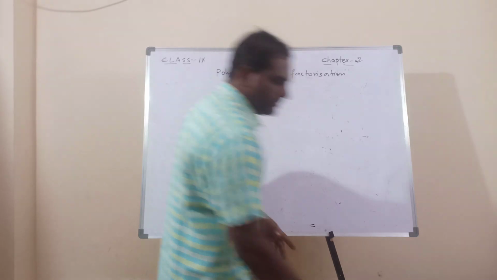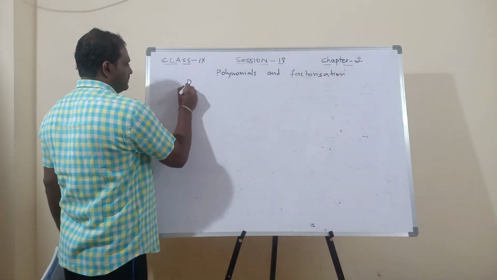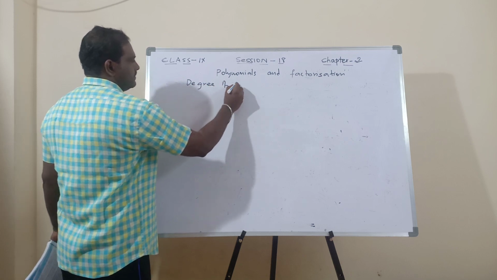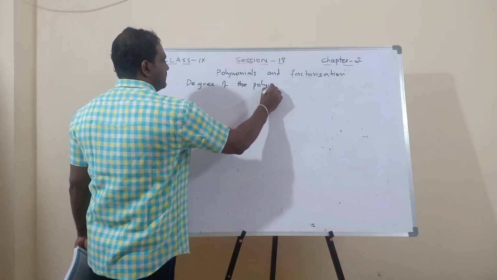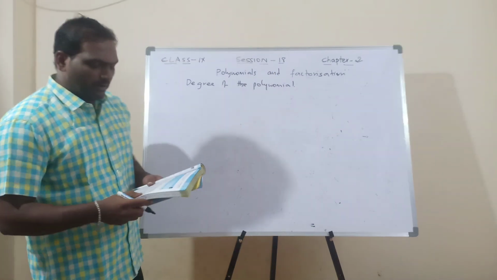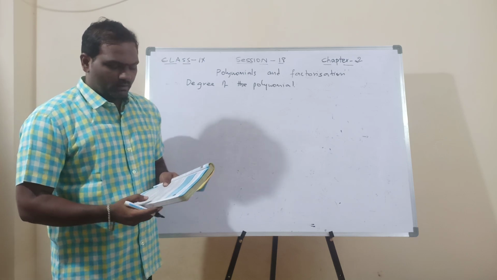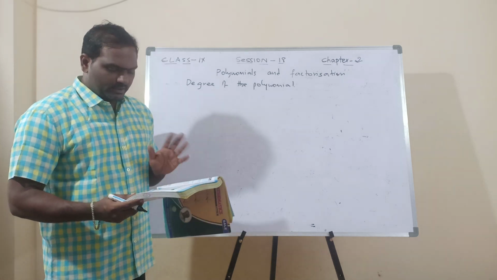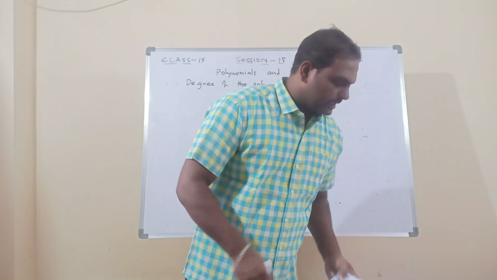The next concept, a very important concept: degree of the polynomial. Degree of polynomial. Here a definition is given. Degree of the term is the sum of the exponents of the variable terms. That's the formal one, so for understanding purpose, I will give it in a simple way.